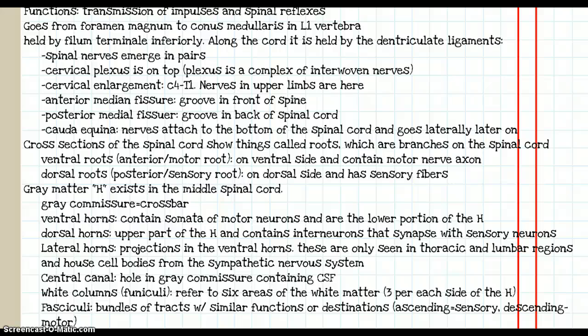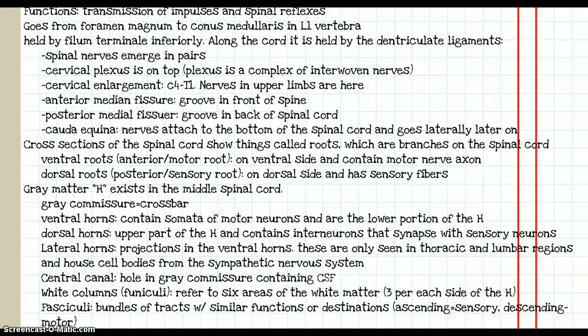Then after that, there are fasciculi, which are basically like bundles of nerve tracts, and these are in white columns containing neurons with similar functions or destinations. There are two types. Ascending tracts are sensory, and transmit sensory information from various parts of the body to the brain.